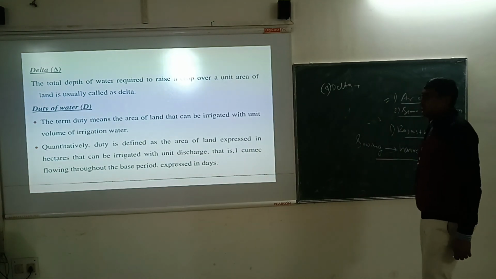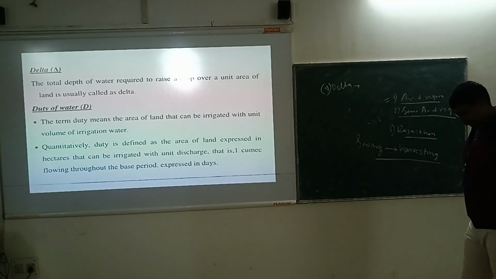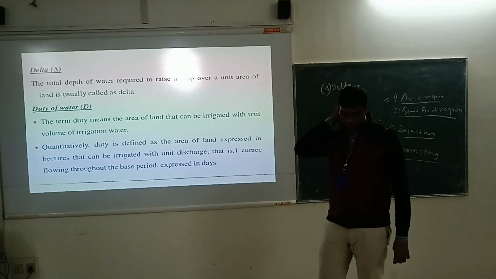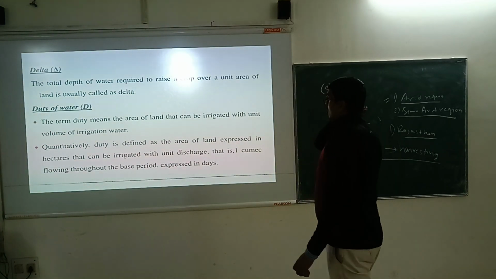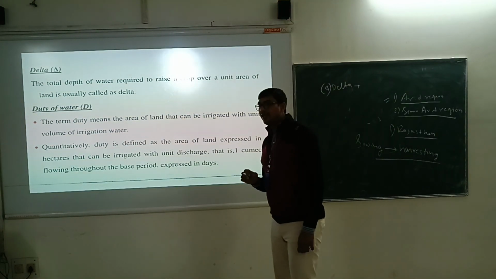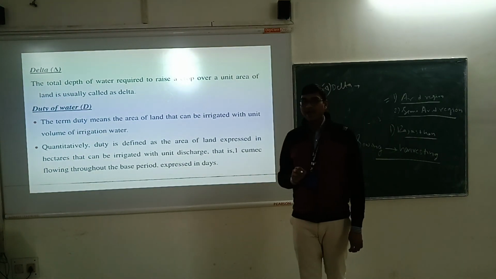The total depth of water required to raise or develop a crop over a unit area of land is usually called delta.